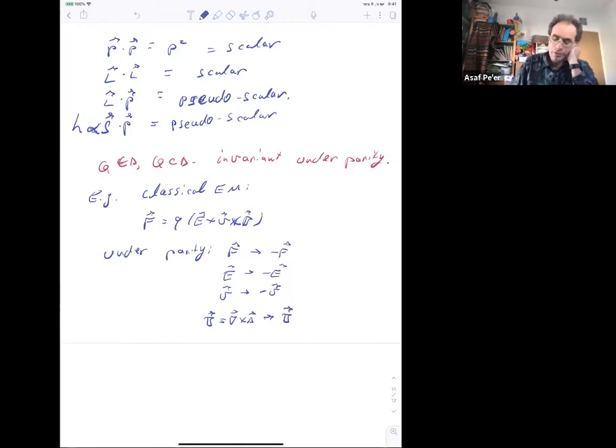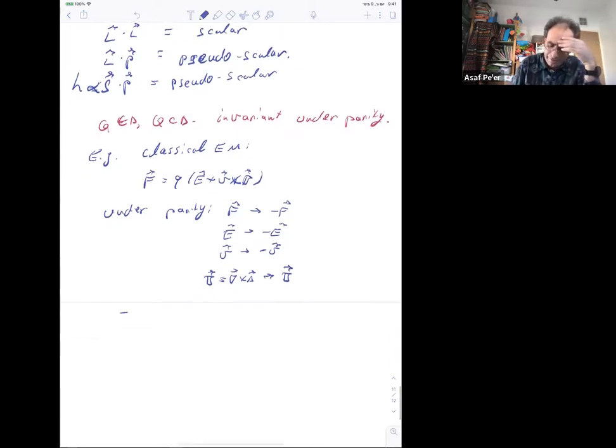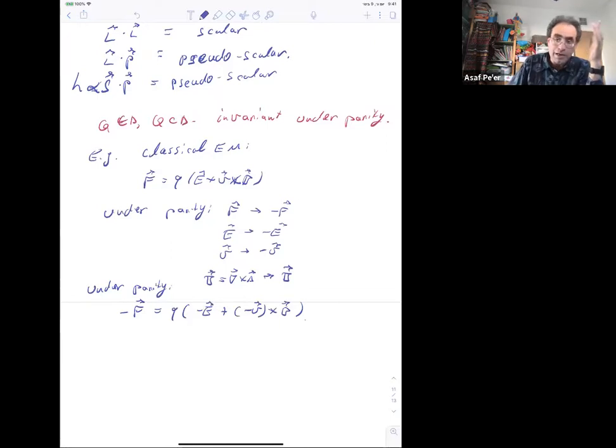So if we look at the Lorentz force under the mirror, then we'll see that under parity, minus F is Q times minus E plus minus V cross B. So when we cancel the minus sign, we end up with the same thing we had previously.